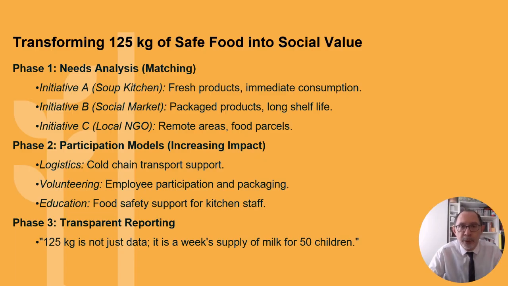If our products are perishable like fresh milk or meat, our destination should be initiative A, the soup kitchen. If we have packaged biscuits or pulses, we should opt for social supermarkets like initiative B. A mismatch can lead to the waste of even safe food.